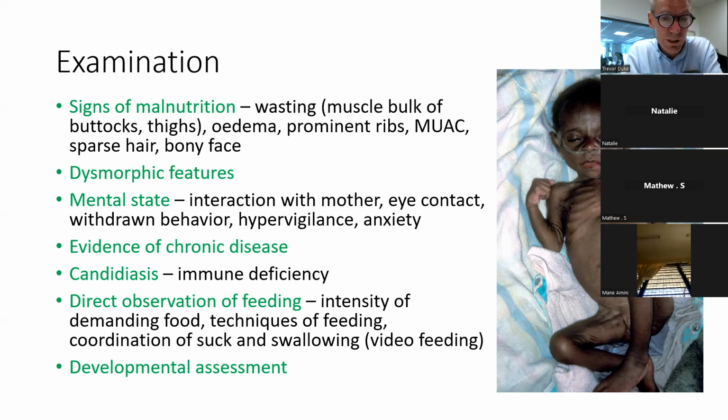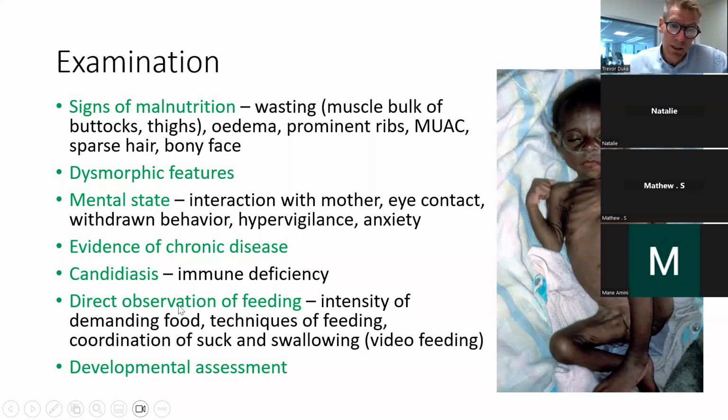Look for evidence of chronic disease. So look for any clinical features of TB or HIV, such as generalized lymphadenopathy or hepatosplenomegaly, or other signs like opportunistic infections like oral thrush.